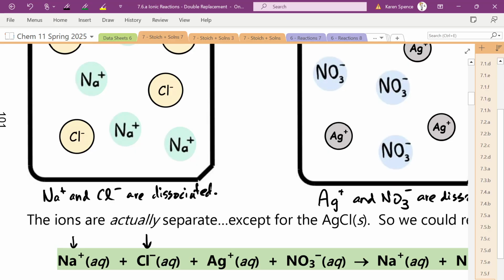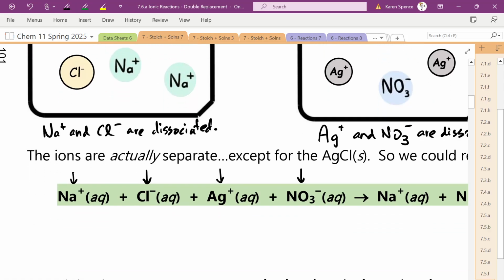We're going to do the same thing with the Ag and the NO3 because in reality, they are separated. And with the charges? Yes. So in this complete ionic equation, you must include states, excuse me, and charges.